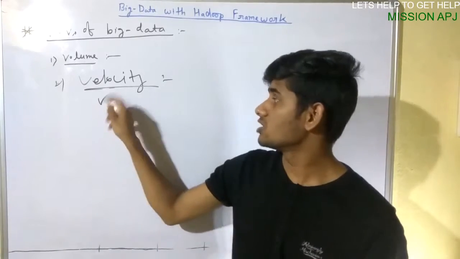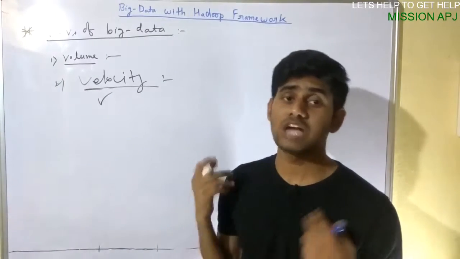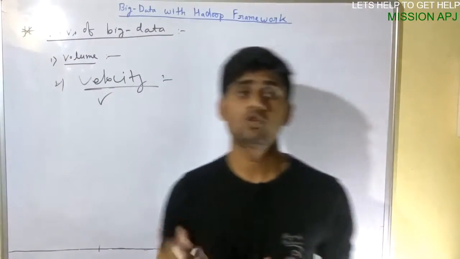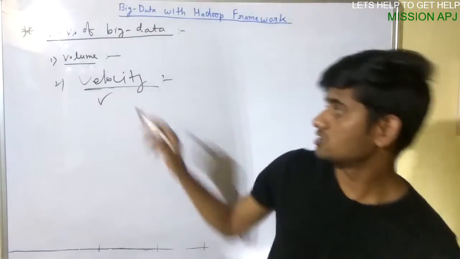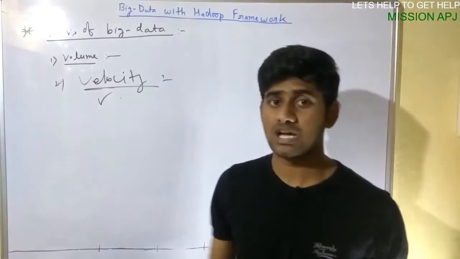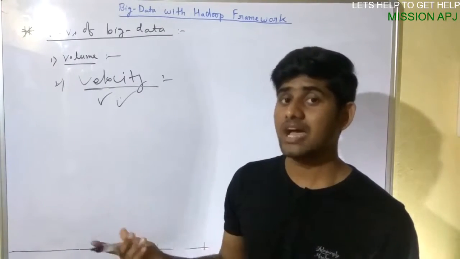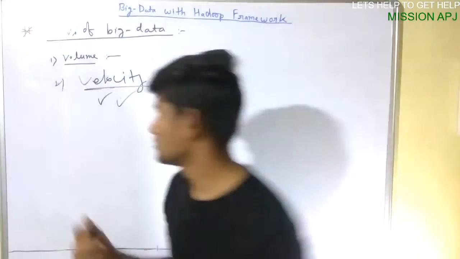So that is very huge, the velocity is very high, and the production of that much data is very high. That gives big data. So the data generation velocity is very high, which gives big data.